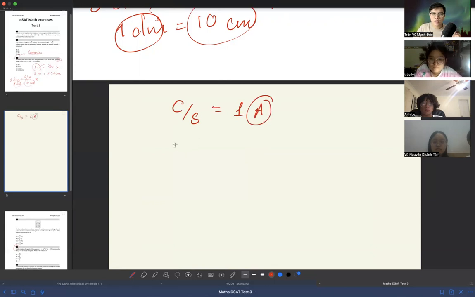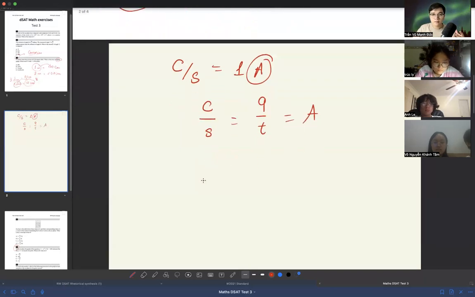So how can I come up with 1 A? I just plug in a certain amount of C over a certain amount of S. In this physical term, coulomb is in Q, and S will be in T, and it will be an ampere. And for a more familiar equation, you have velocity.